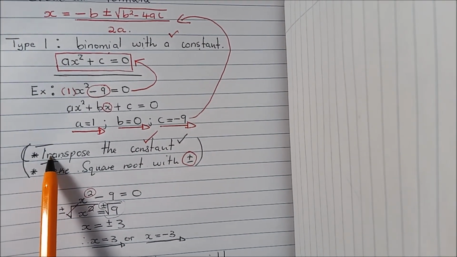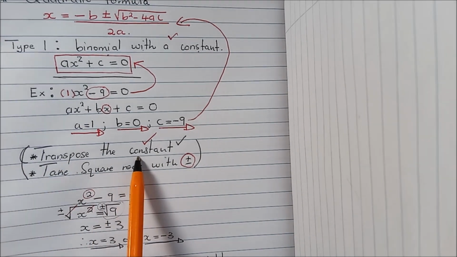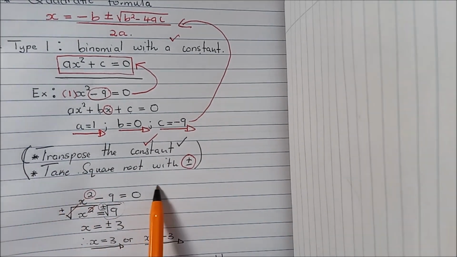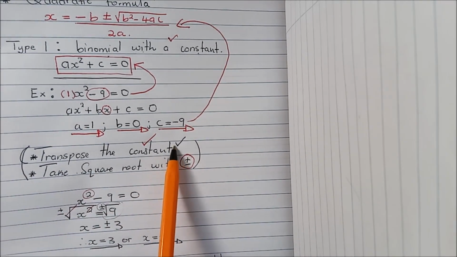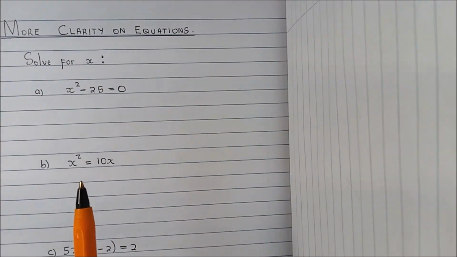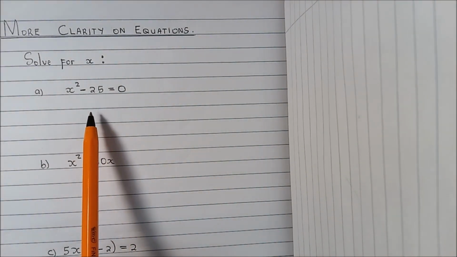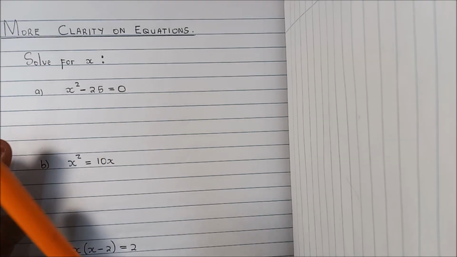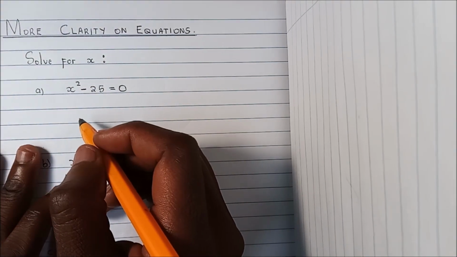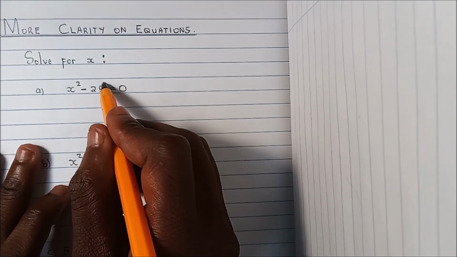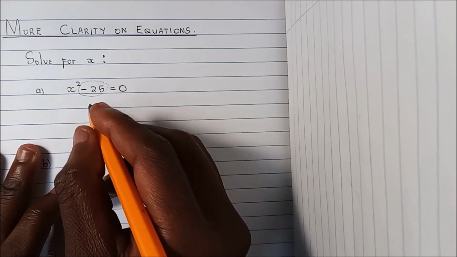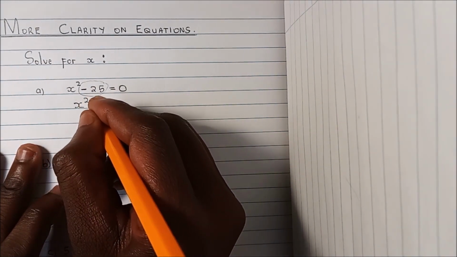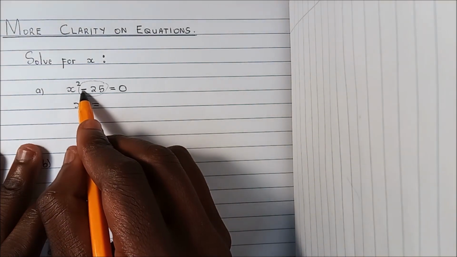The idea was you transpose the constant and take the square root with plus or minus. So now that's what we're going to do. Since we have type 1 having a binomial with a constant, we are going to transpose the constant. So now what is our constant in this regard? It is 25. So we will have x squared equal, the 25 is negative.